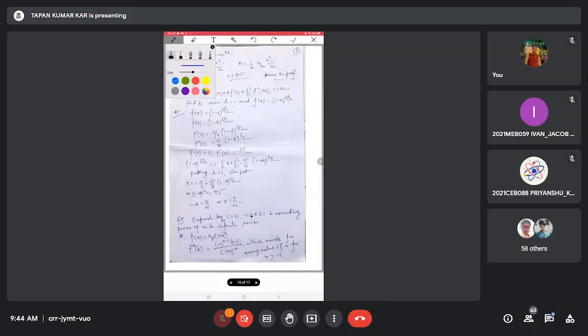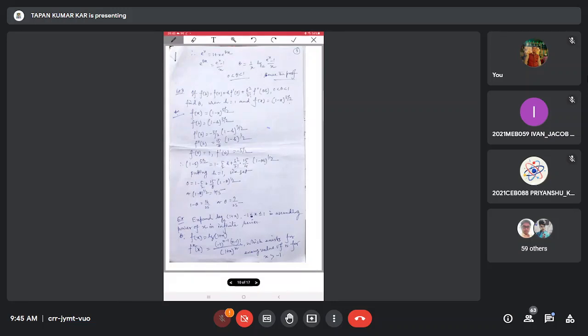And I already told you that whenever you are going to expand a function in an infinite series, first you have to check whether the remainder after n terms, that is Rn, tends to 0 or not. If Rn tends to 0, then only you can get the infinite series.